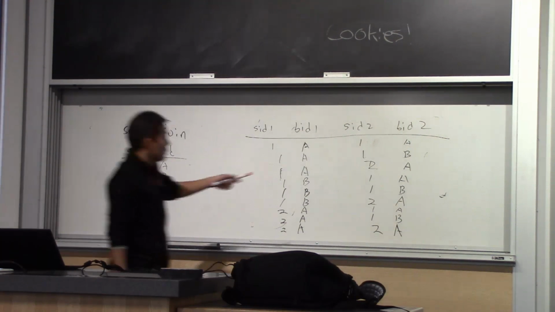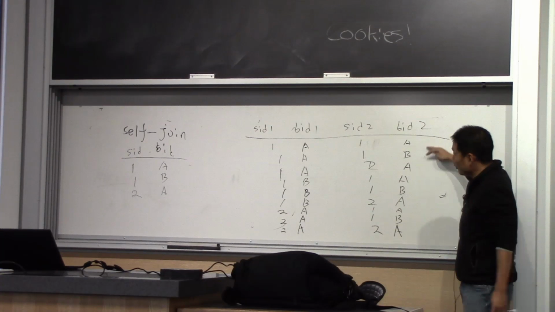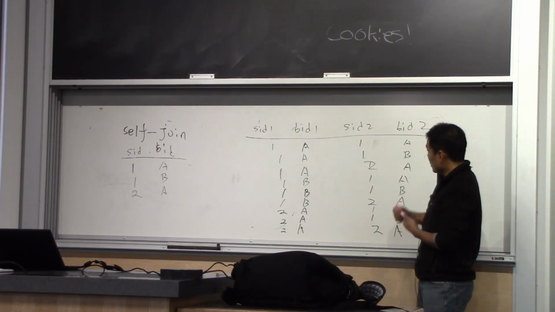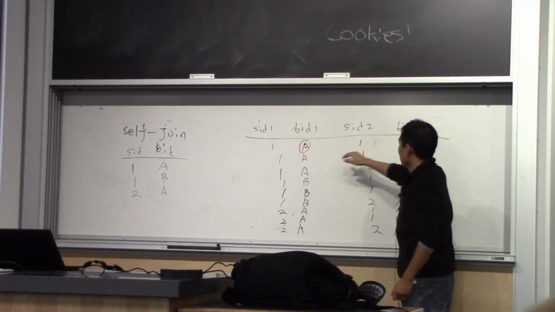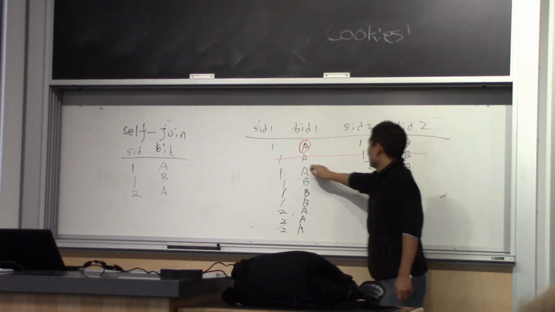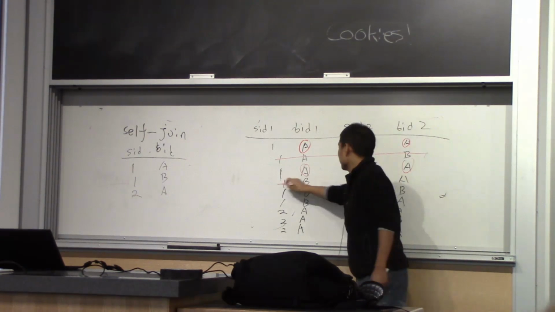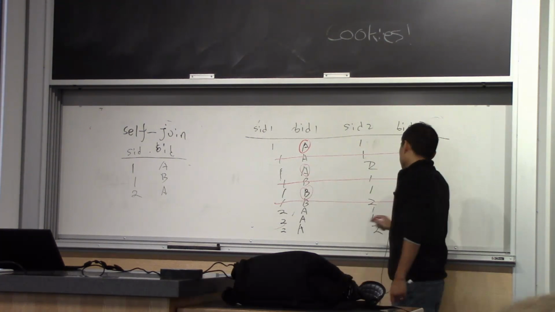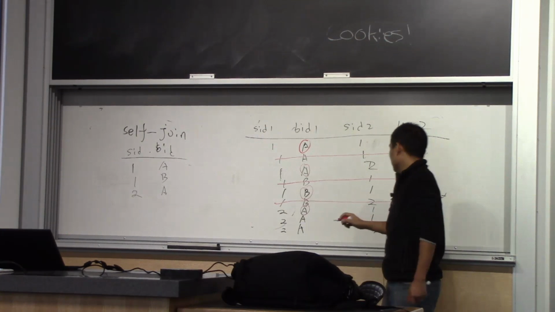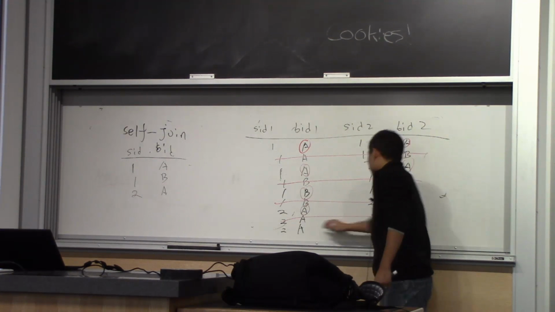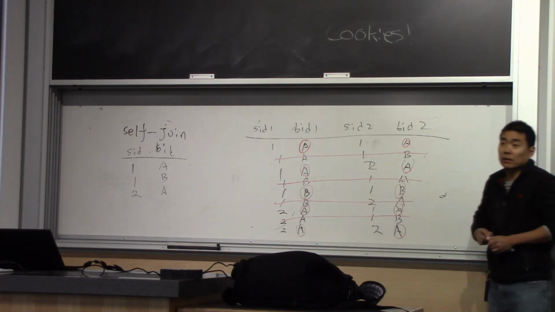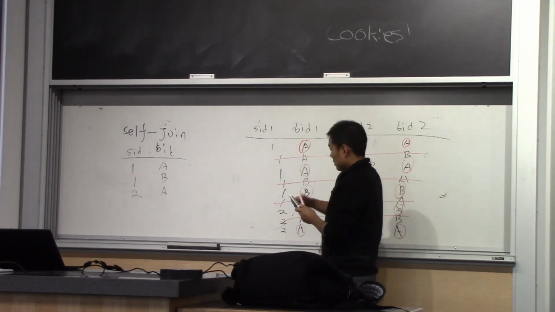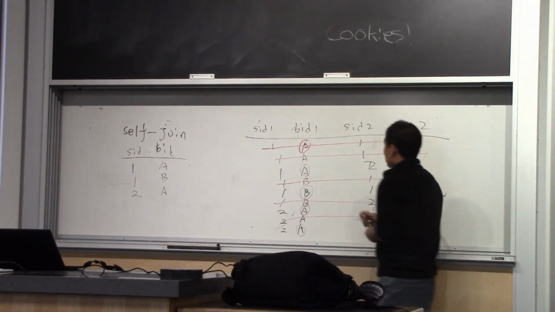All right, so now you loop through this and check the condition. First of all, boat ID must match, which means this one you don't even consider, this one you do consider, this one you don't consider, this one you consider, this one you don't consider, and this one you do consider. That's the first condition. And then sailor ID 1 greater than sailor ID 2? Nope, so this is eliminated.